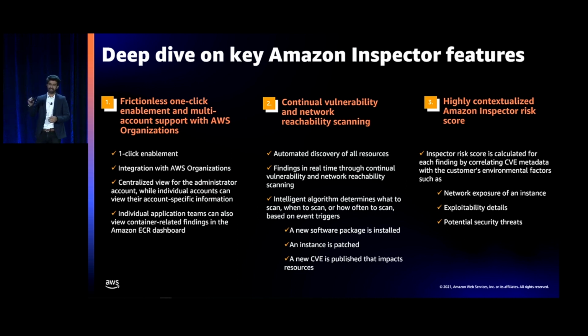And on the CVE side, we built an intelligent vulnerability database. And how that works is we consume over 50 sources at the moment, and we correlate all the data. We do a lot of analysis on that data.